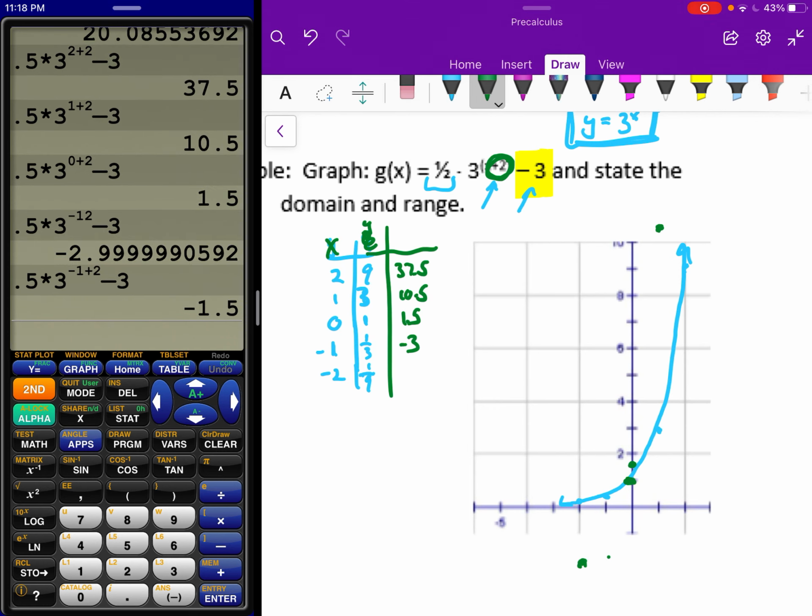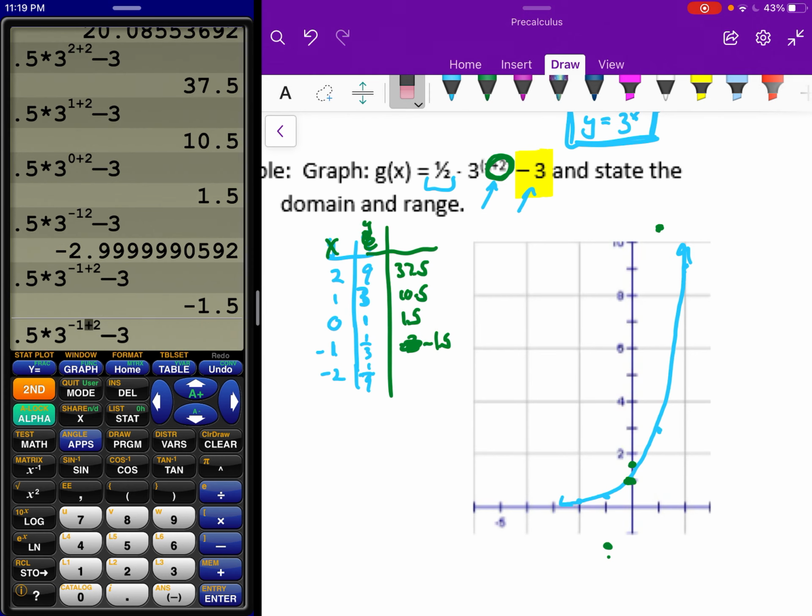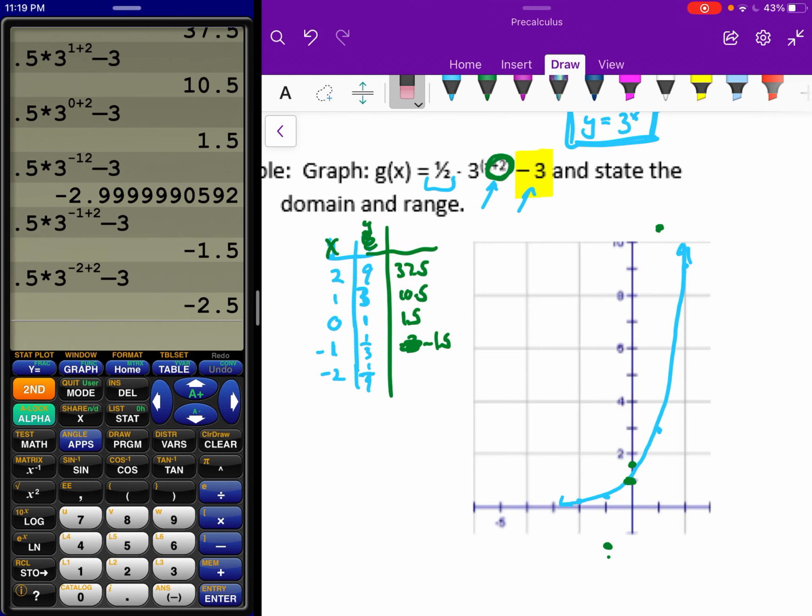There we go. -1.5. That makes more sense. And then we'll put in -2. And that's -2.5. And so it's going to look like this.